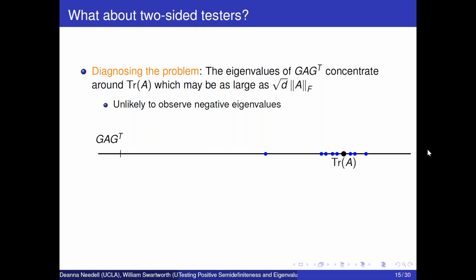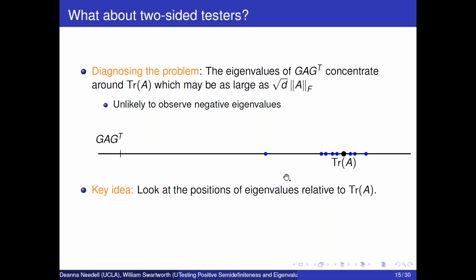Okay, so here's the picture. A could have had a negative eigenvalue, but when you compute G A G transpose, it might have all positive eigenvalues, and these eigenvalues are going to concentrate around the trace of A. Now, if A initially had a negative eigenvalue which was far away, at most negative epsilon times the Frobenius norm of A, then although you have all positive eigenvalues, this eigenvalue is a bit farther away from the trace of A than the other eigenvalues.